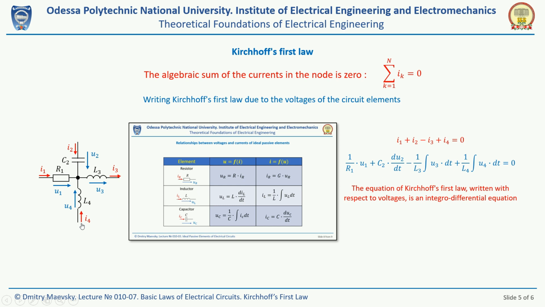And finally, for inductor L4, we can write that I4 is equal to 1 over L4 times the integral of u4 with respect to dt. Thus, the equation of Kirchhoff's first law for our node can be written as shown here. Note that this equation, unlike the equation for currents, is an integral differential equation.